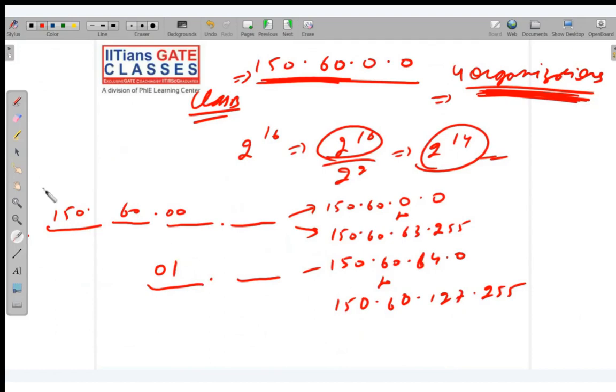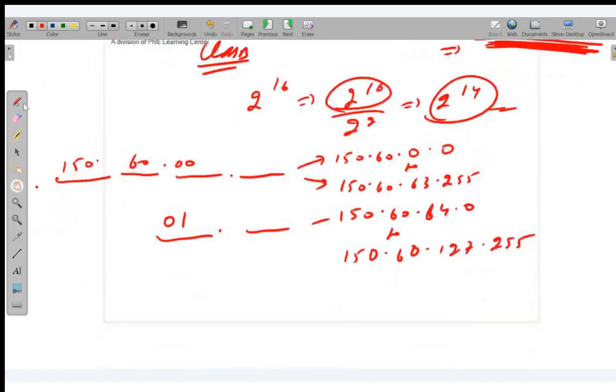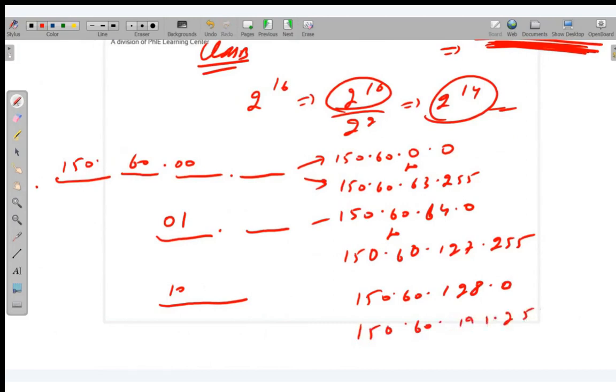Now start the other. So 1 0, and it will be 150.60.128.0 to 150.60.191.255. Okay. Yes, sir.